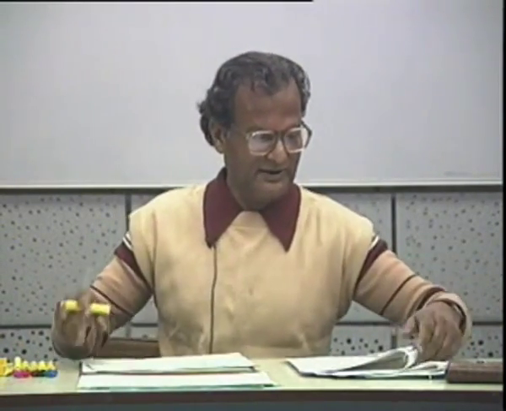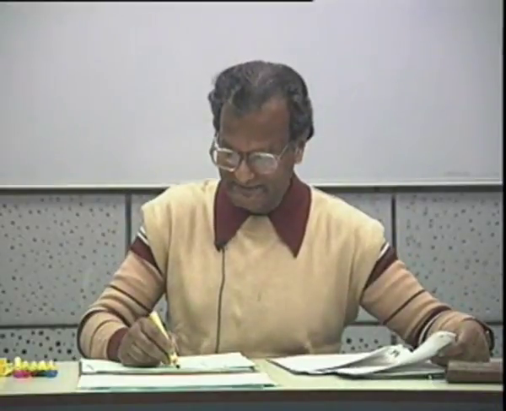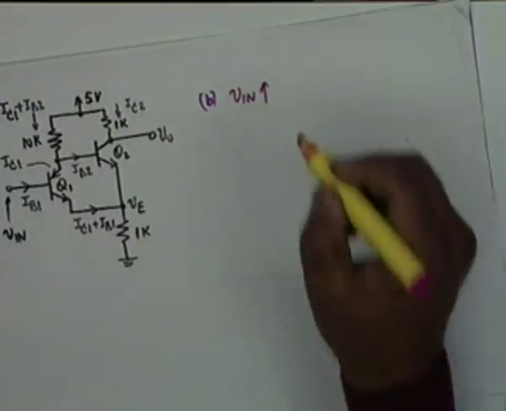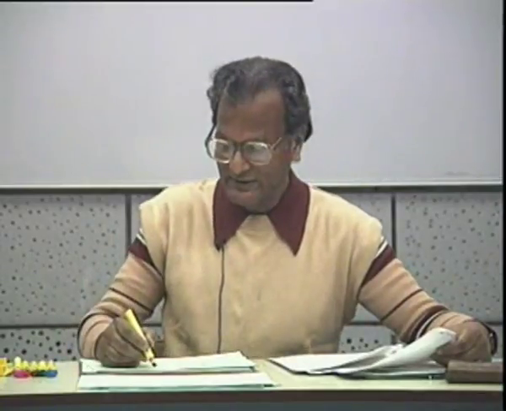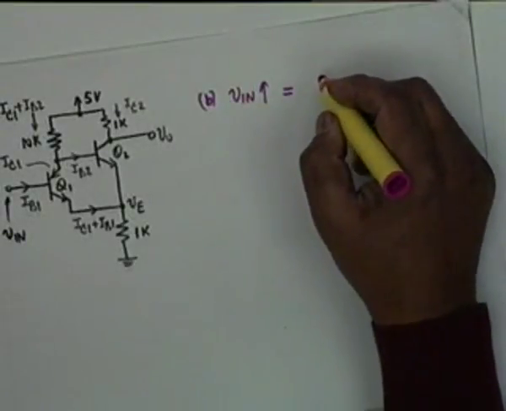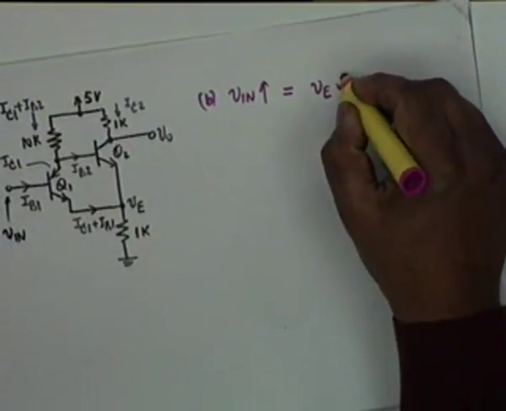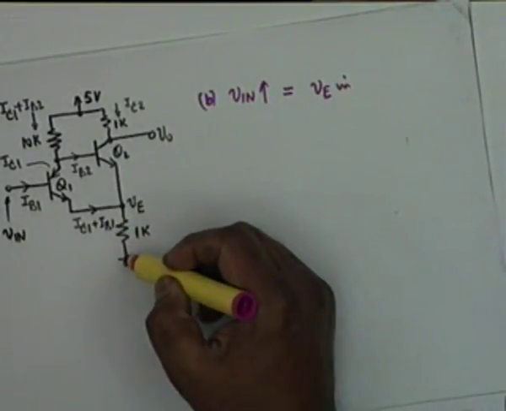So part B of the problem says, if Vin is increased, instead of 0, instead of connecting to ground, you connect a voltage source there, to a value of VE in part A, this voltage.